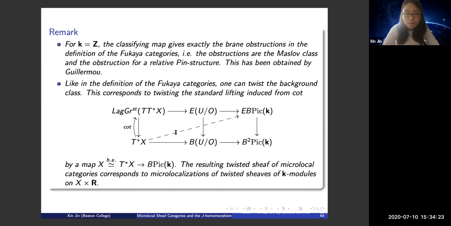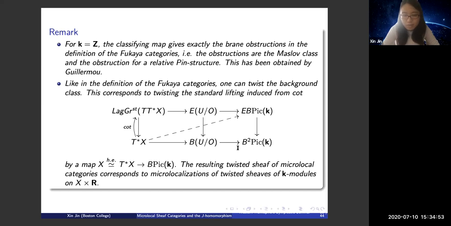Here, secretly, we have chosen some natural background class, which is a lifting of this composition of maps, which we'll see later in a more general setting. So this factors through BU. You have the classifying map for your symplectic frame bundle.